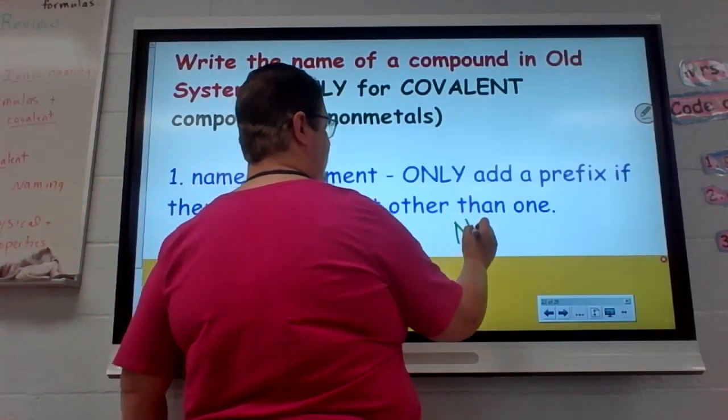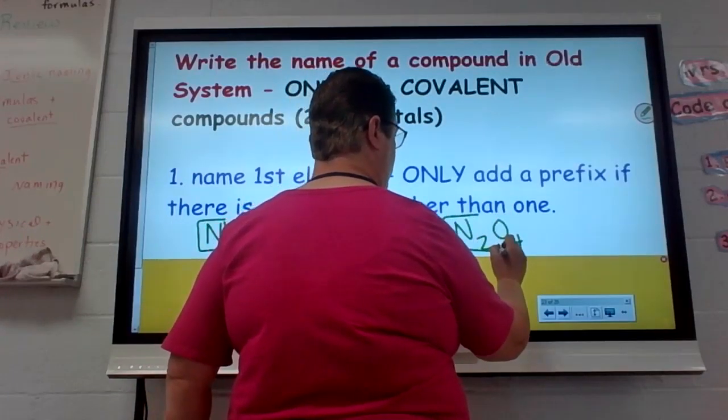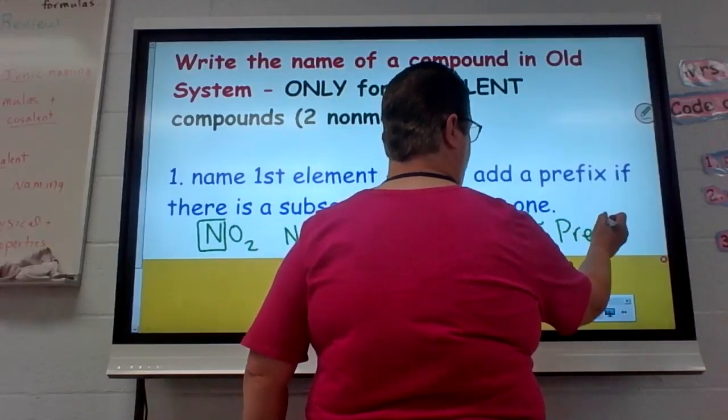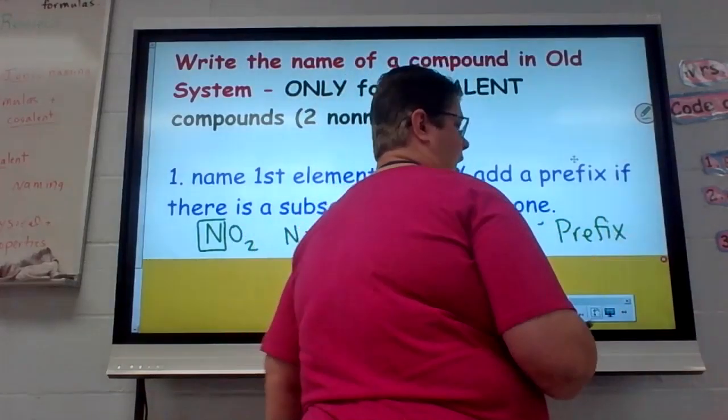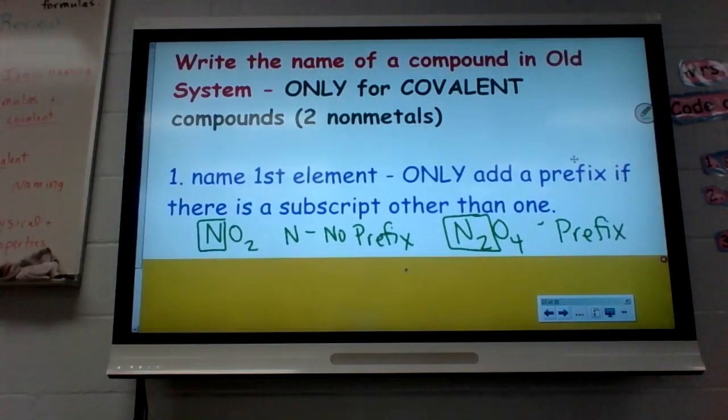But if you have N2O4, that would have a prefix. You have to look at that first element and see how many it has, to see if it's going to get a prefix.